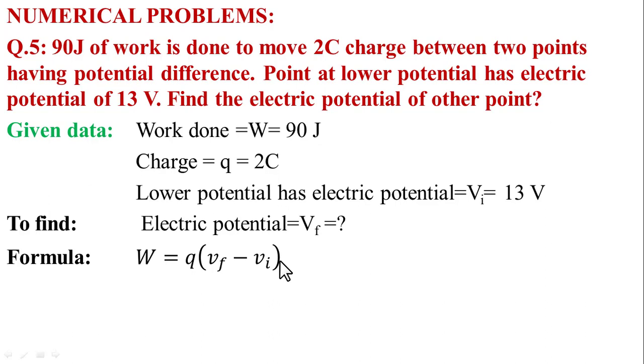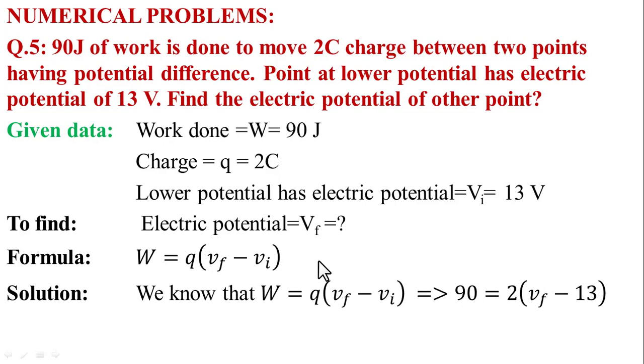According to the formula we can solve with the given values. Putting the values, W is equal to 90 is equal to 2 into Vf minus 13.